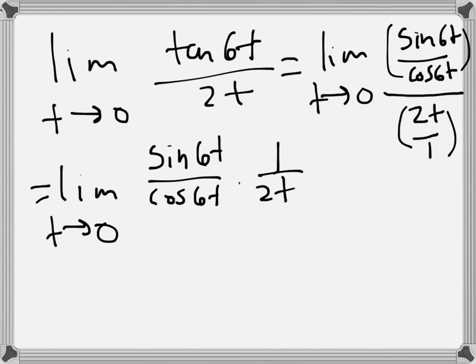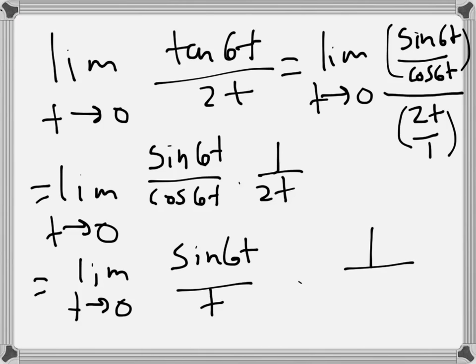That makes it a bit more clear, and I want to associate the t with sine. So we'll say we have sine of 6t over t times 1 over 2 times cosine of 6t.